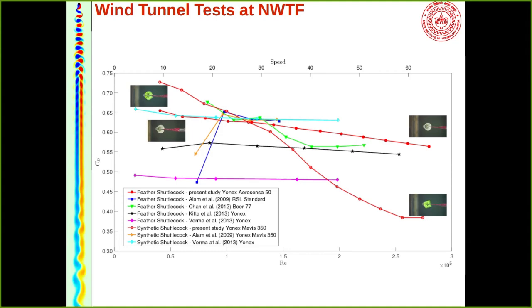Okay. So this is Reynolds number, speed, and this is the drag coefficient. So this doesn't change much. Changes, reduces a little bit, doesn't change much. Look at the nylon shuttlecock. Okay, very high drag coefficient at low speeds, and then it starts reducing, and by the time you hit a smash, 60 meters per second, it's become almost like a square cross section.